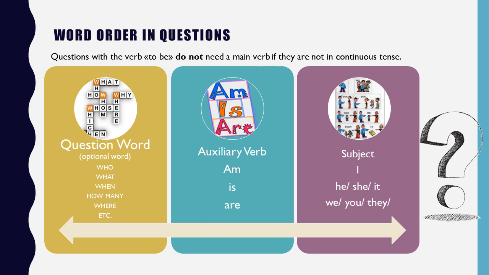But we will need it if we have a different type of auxiliary. If you go to exercise 10 on page 11, you're going to see some examples of questions with the verb to be.